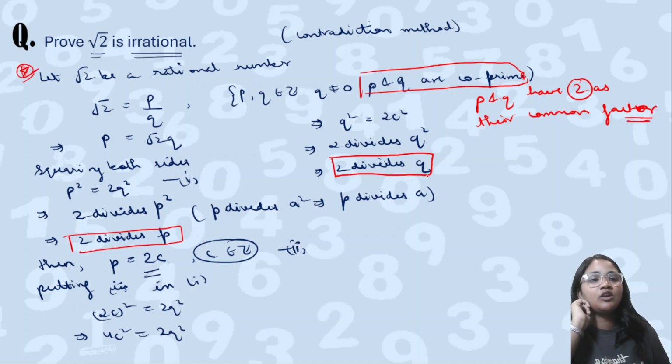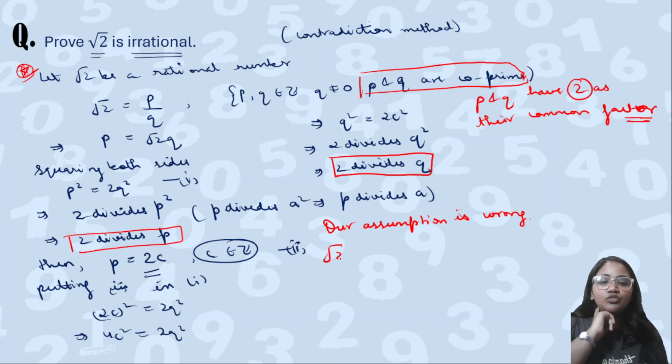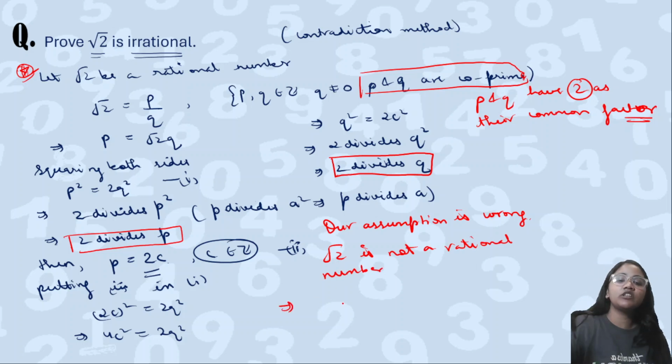Our assumption is wrong. This means that root 2 is not a rational number. And what does it mean? If it is not a rational number, then it is an irrational number.